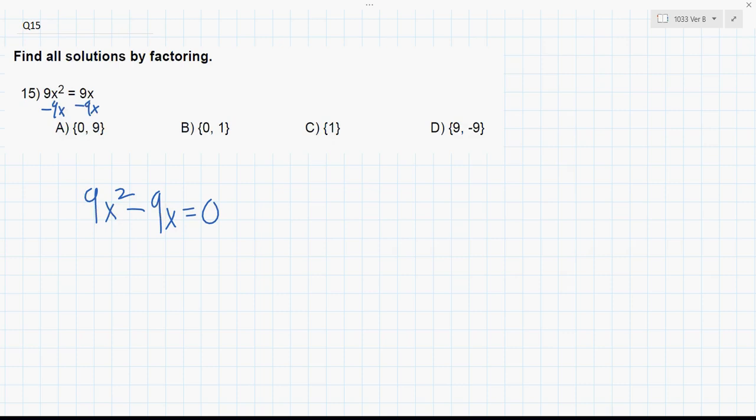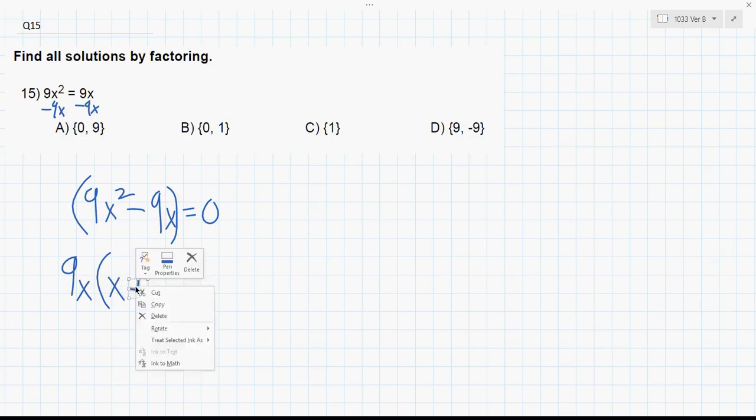Now if I'm trying to factor it, what common things can I pull out? Looking at these two terms, I can pull 9 out of both of them, and an x value out of both of them. So it's 9x times x minus 1 equals 0.